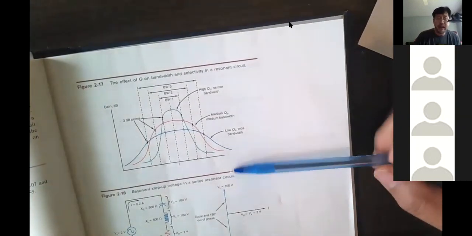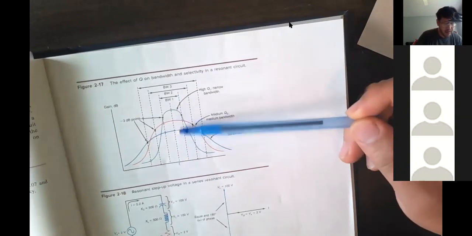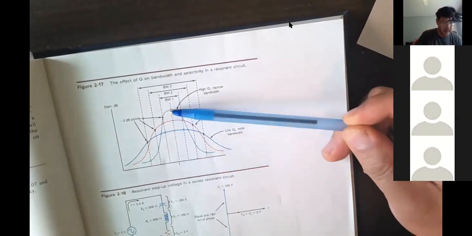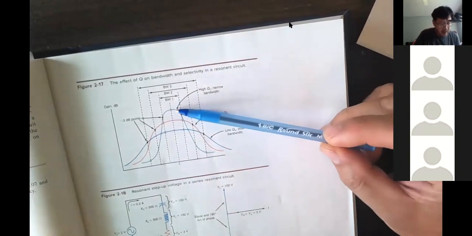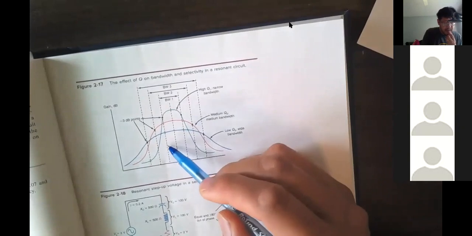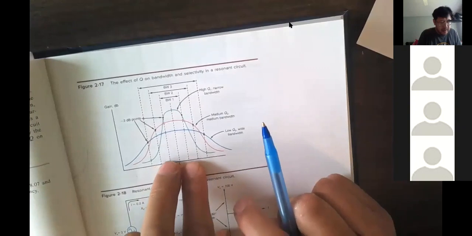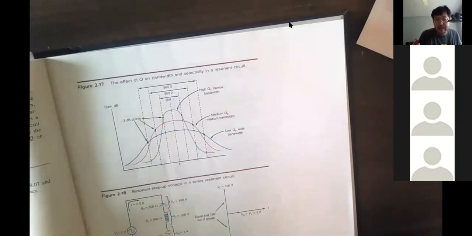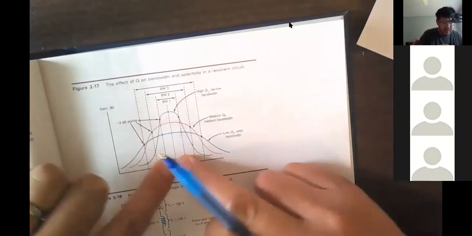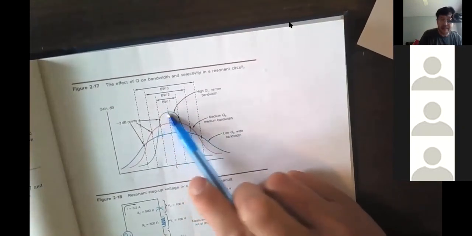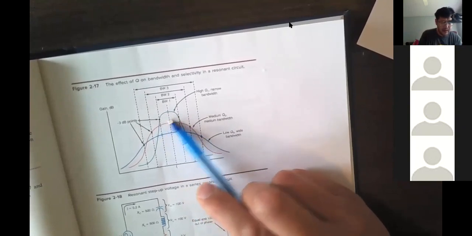When you are listening to your FM radio, which one do you prefer? High, medium, or low? I would prefer the high quality, assuming the band in between is 200K. I cover my station, 200K from here to here. So I will prefer a high quality filter.